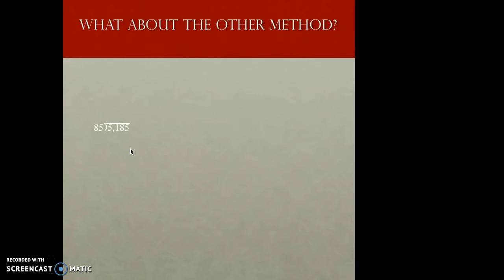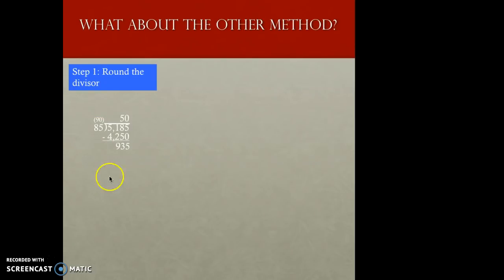Expanded notation. Same idea. We're going to first round the divisor. So 85 rounds to 90. Now, I know that 5 times 9 is 45. So this is going to give me 4,250 when I multiply by the exact number. Now, that's okay in this method.